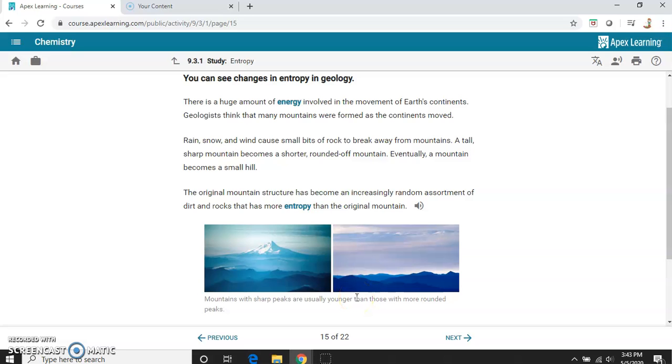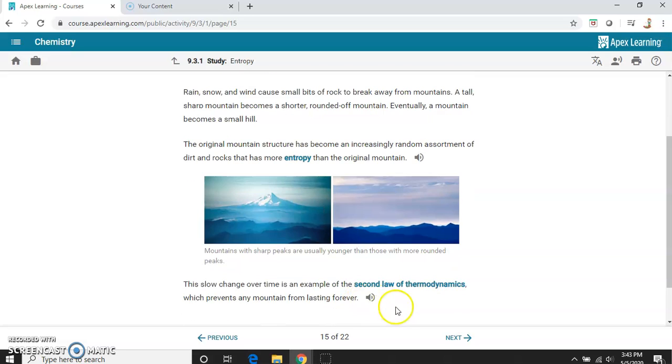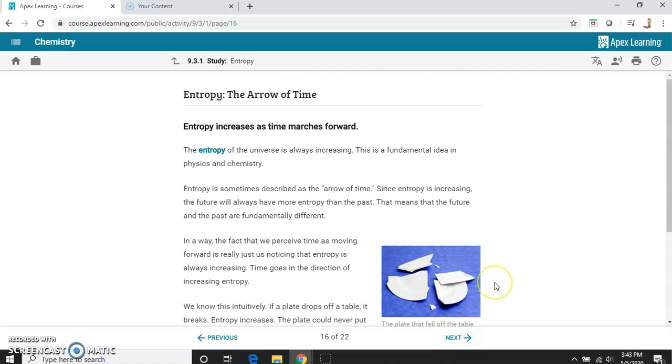This slow change over time reinforces the idea that over time things become more random with more entropy. So they look at this as saying that the entropy of the universe is always increasing. It's the arrow of time: the future will always have more entropy than the past.